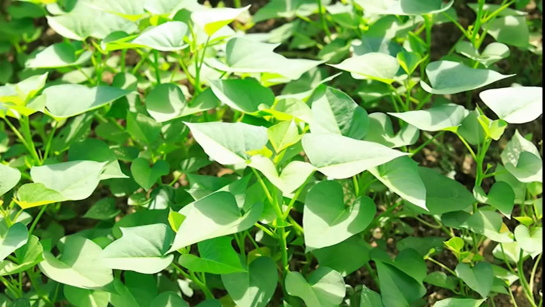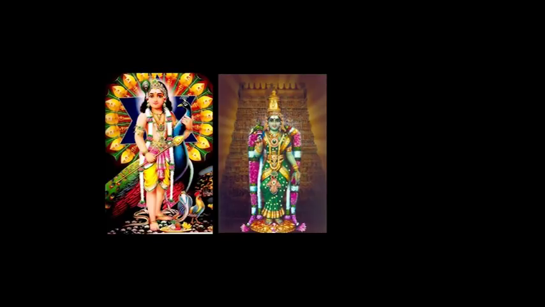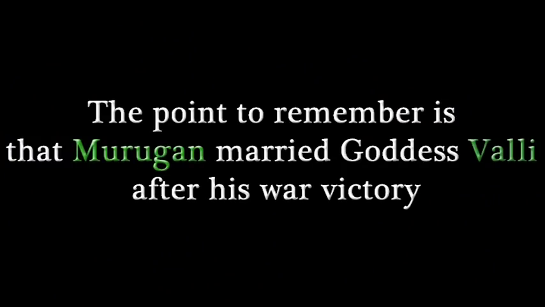Thus, after the war victory, as Murugan tilled the agricultural land, represented by Valli, the green goddess, it was metaphorically portrayed that Murugan tilled Valli, that is, married Valli, after the war victory. This battle and the wedding is reenacted every year on Panguni Uttaram Day in Kumarakkoil temple in southern Tamil Nadu.